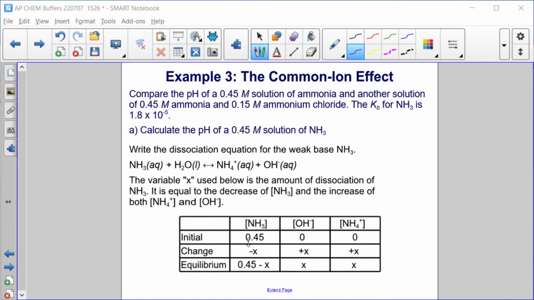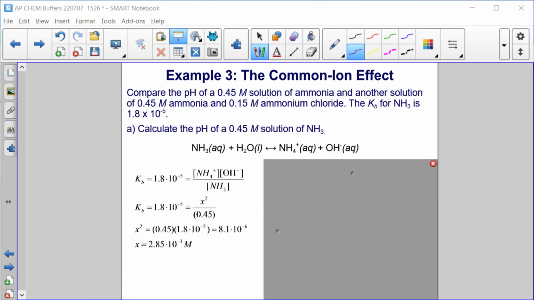So we're going to decrease our concentration of NH3 by an amount X, and in doing so, increase both OH minus and NH4 plus by an amount X. So that at equilibrium, here are our concentrations: 0.45 minus X, and then X for both OH minus and NH4 plus.